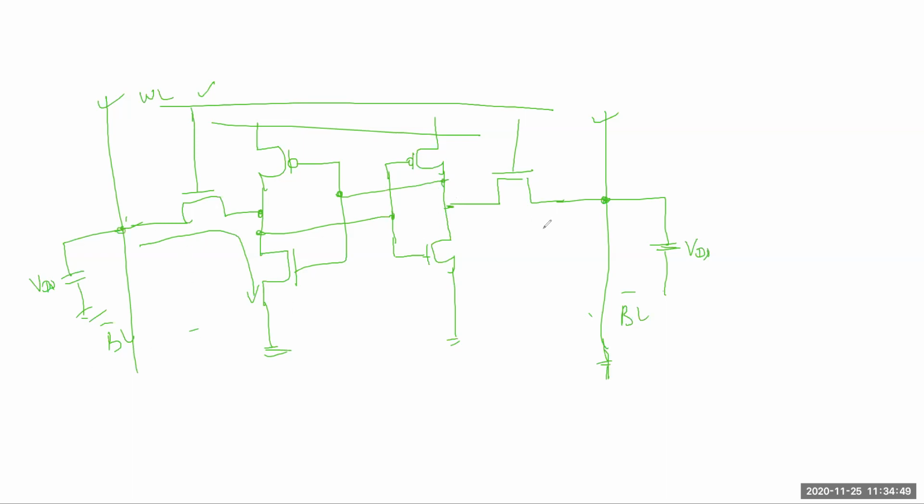So my question is, initially this was 0 and this is 1. We are reading this value. When will the value stored in memory be destroyed, will change, during that read operation?